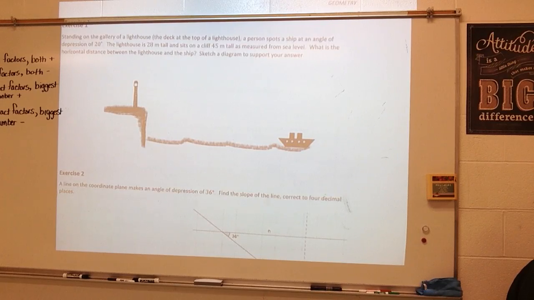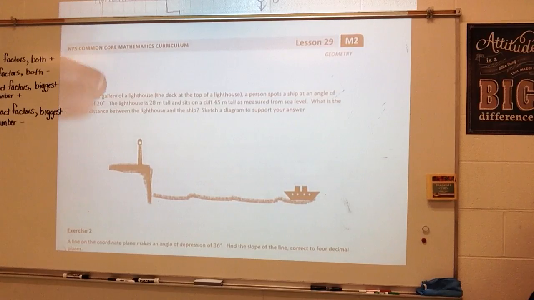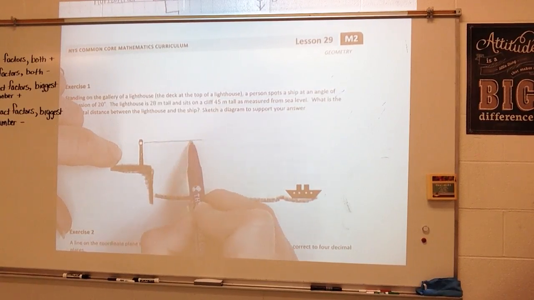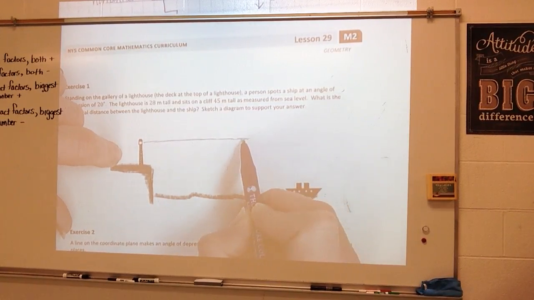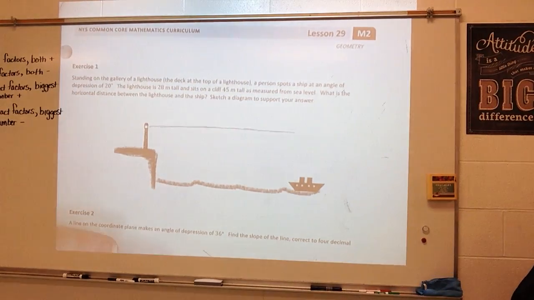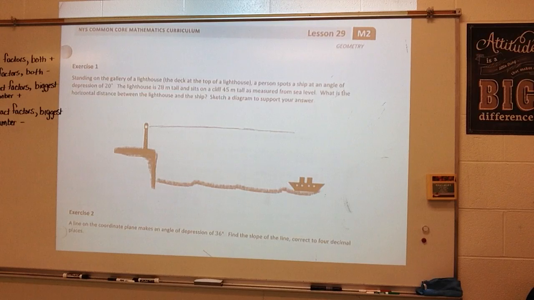All right. So the person's line of sight, which we don't know exactly where that person is, but the person's horizontal is here. All right? And it says that we are dealing with a depression of 20.